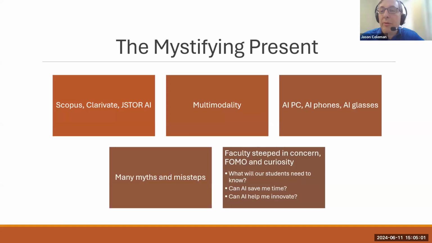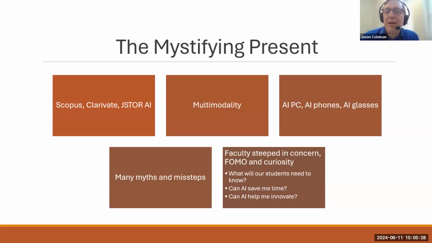Multimodality is a real hit right now. That's what ChatGPT 4.0 is all about. So multimodality means that you can basically go from image to text, text to image, image to video in some cases, image to sound, and you can just translate amongst all of these different formats sort of seamlessly.